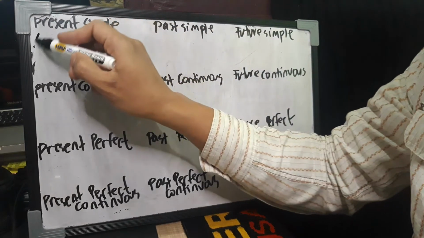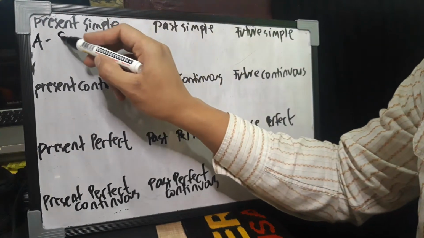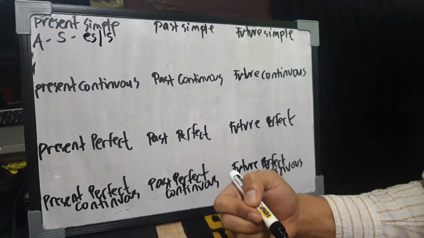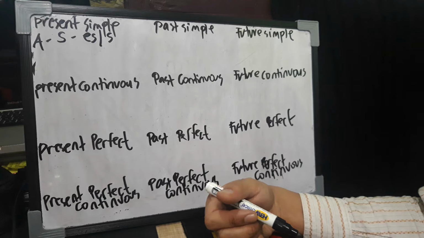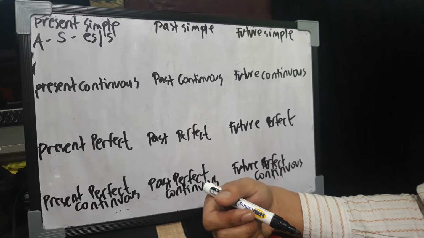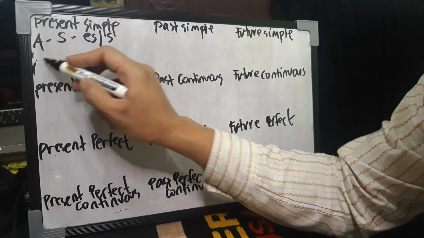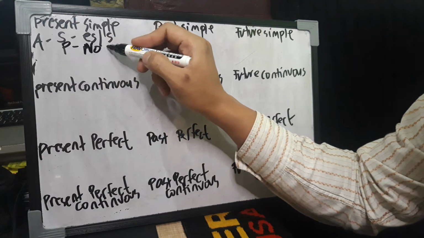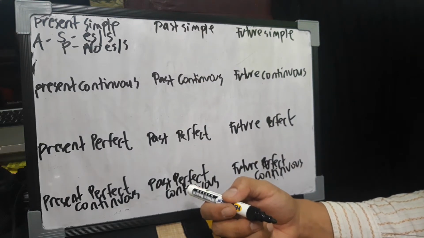For the present simple active, okay, we just have to follow here, guys, that if the subject is singular, you have to put s or es on the verb. I repeat, in the active form of the present simple, if the subject is singular, you simply add s or es to the main verb.